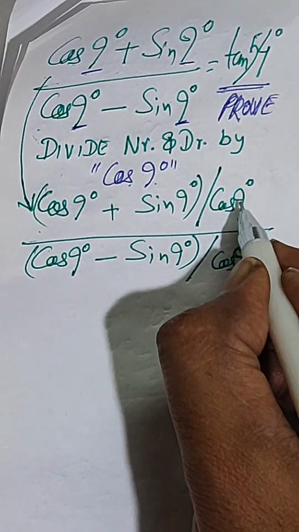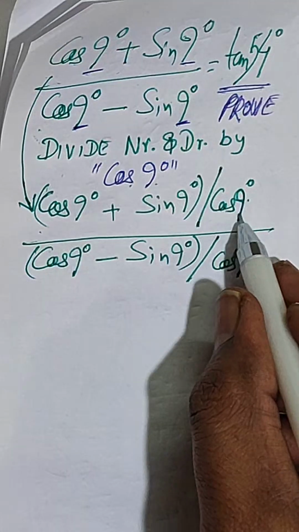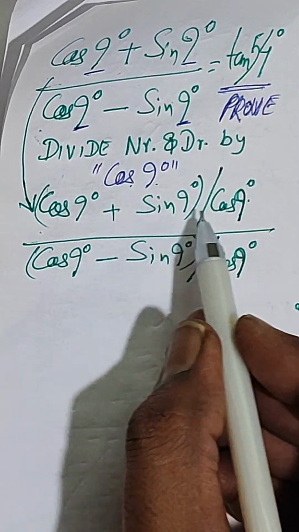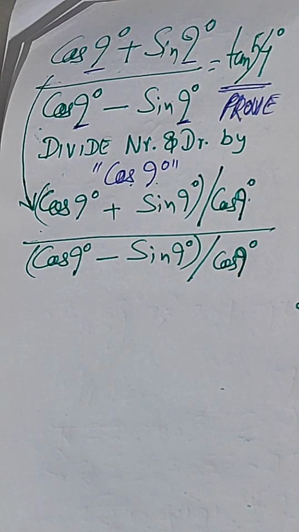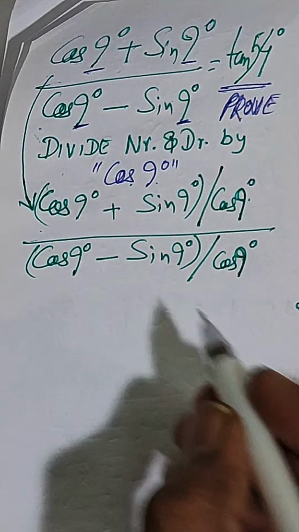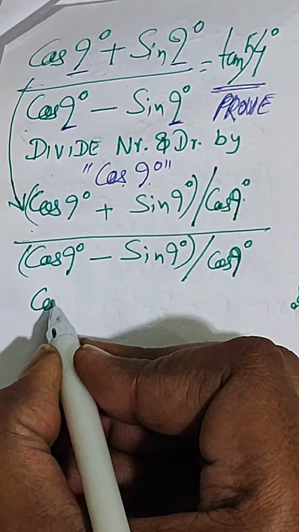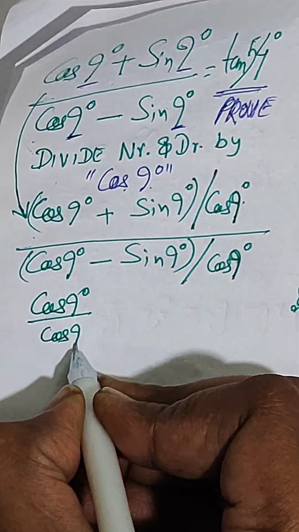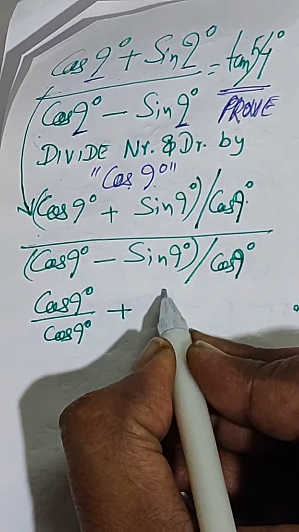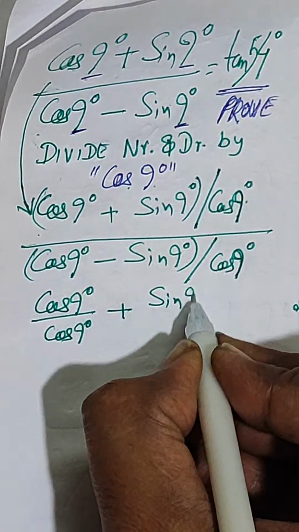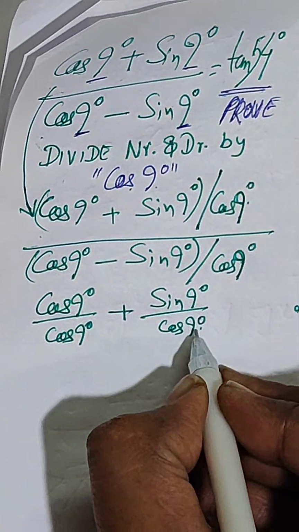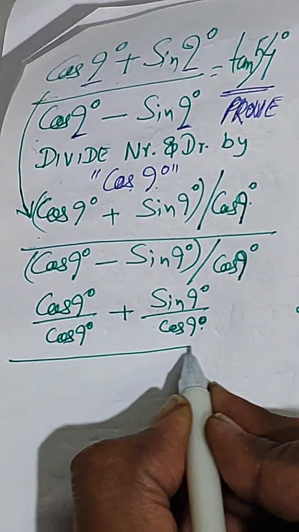So between cos and sine, why we choose cos, you remember, so that it will give us tangent, right? So this will give you cos 9 degree by cos 9 degree plus sine 9 degree by cos 9 degree. You just divide individually.